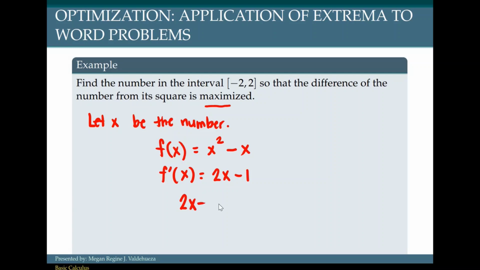So 2x minus 1, equate that to 0. And what is the value of x? x is equal to 1/2. And 1/2 is in the interval -2 to +2. So we have a critical number here, or critical point.